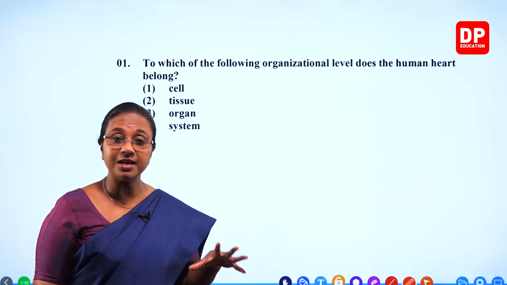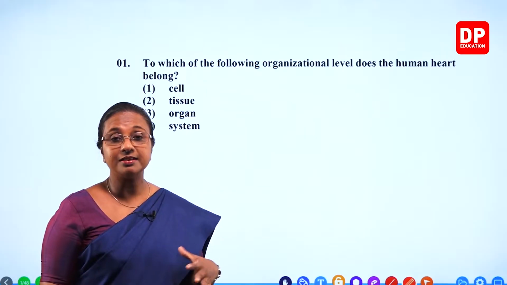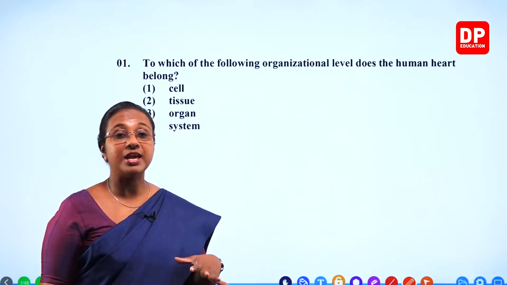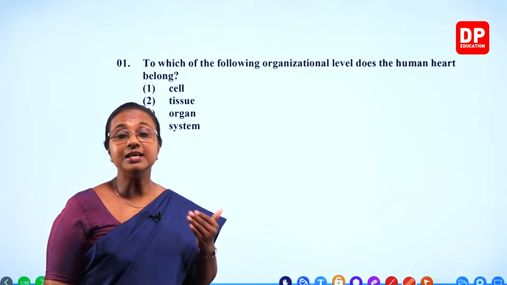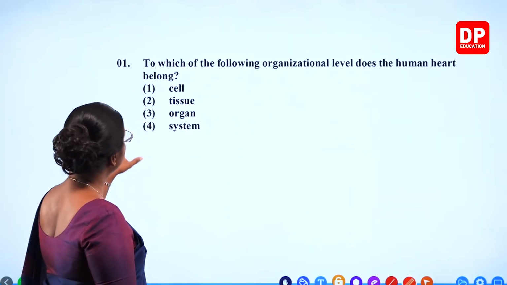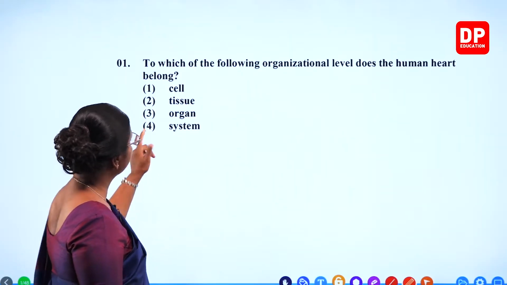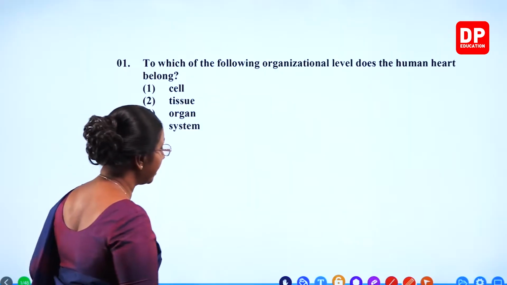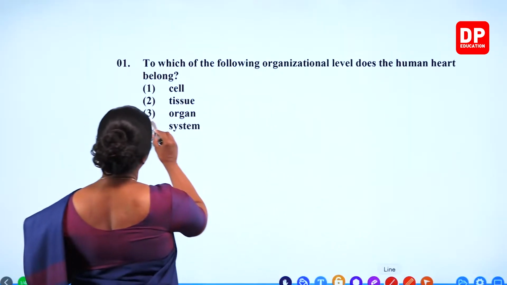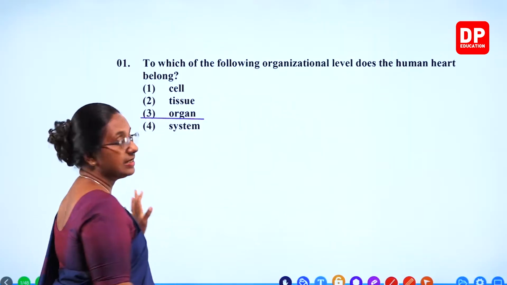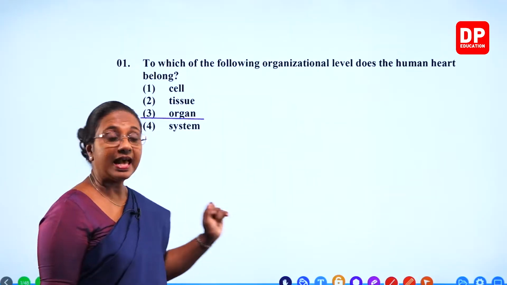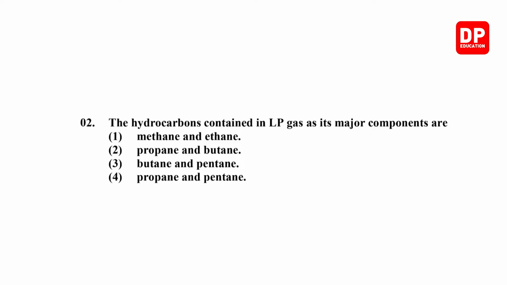Then the human heart plus the veins, the arteries, capillaries all together is the blood circulatory system. So there, if you look at the organizational level, you can understand that the human heart belongs to the level organ. Is that clear, students? So with that, we'll move on to the next question.